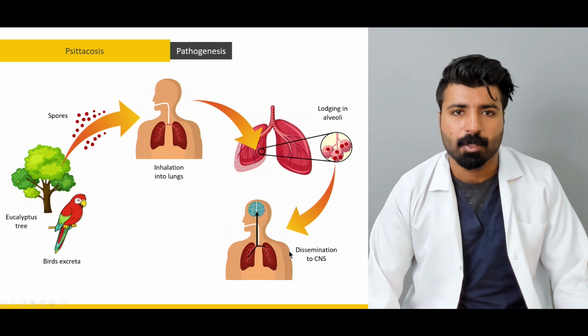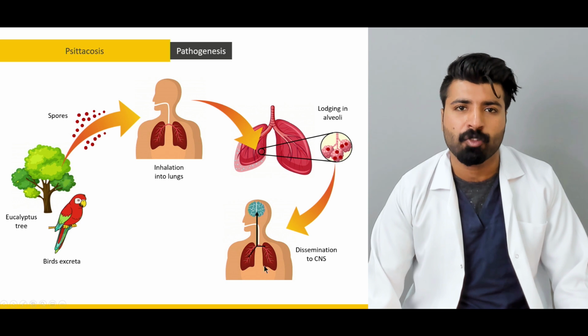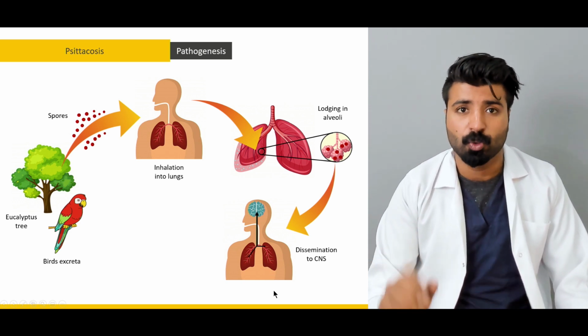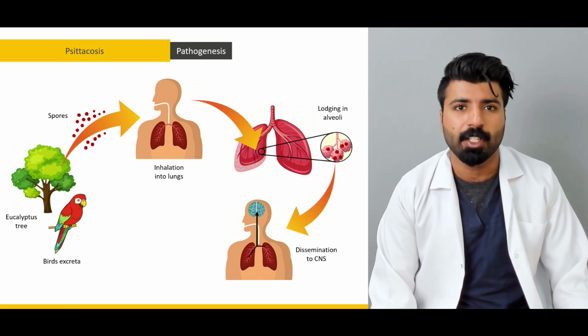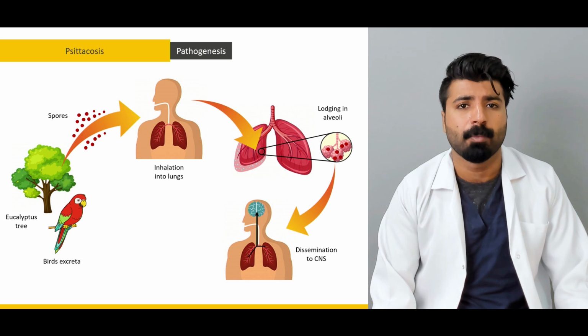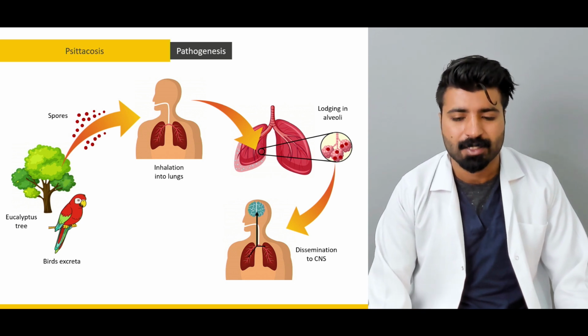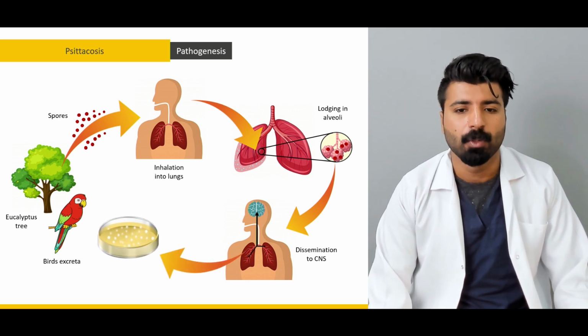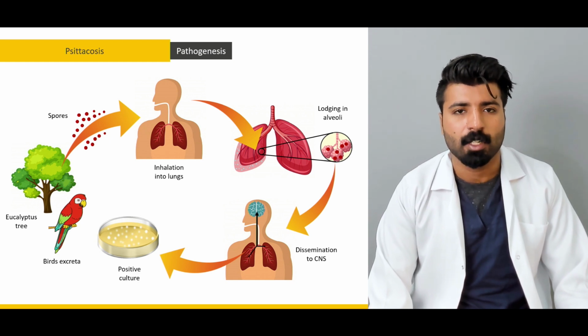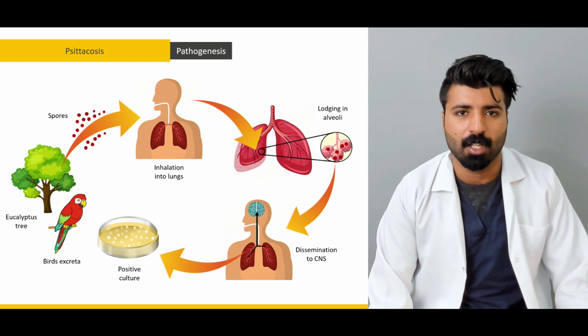How? We talked about it: some of them are going to travel from the alveoli to the blood through those capillaries which are there to get oxygenated. That blood will be taken to the heart, and the heart will pump the blood to the CNS, and that will lead to psittacosis. If you go for a culture, you will see a positive culture in this disease.